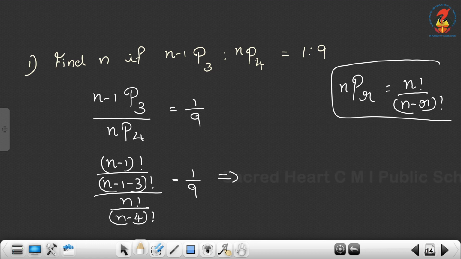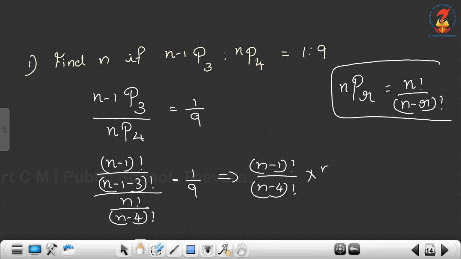Which implies (n minus 1) factorial by (n minus 4) factorial. Then we can take the reciprocal, (n minus 4) factorial in the numerator by n factorial. So this cancels, equal to 1 by 9.